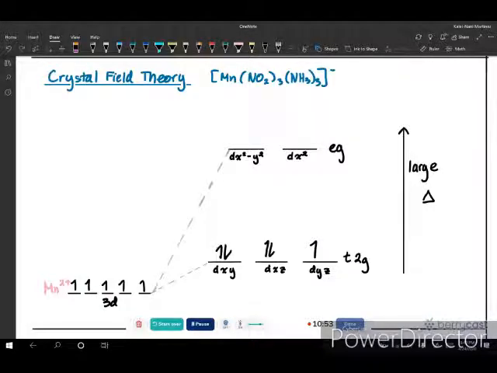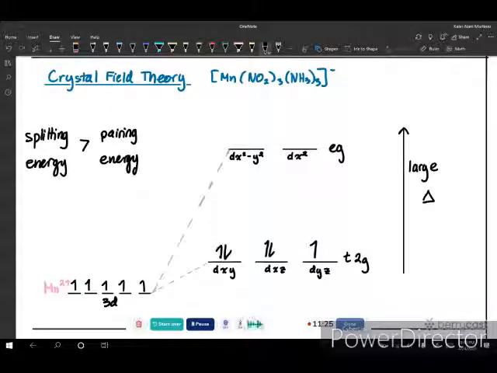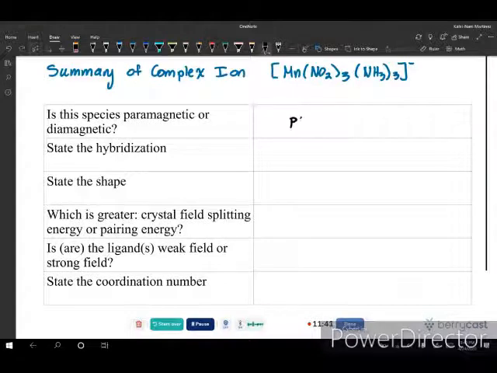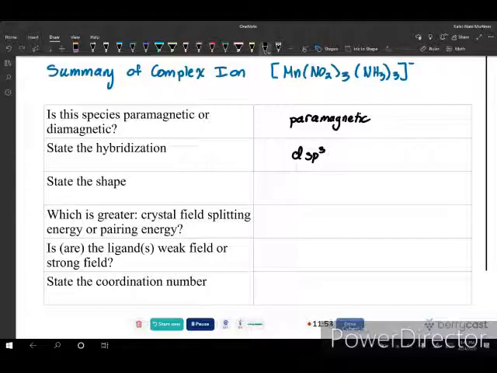You also need to note that it takes more energy to split than it does to pair up, because it is easier to pair up than it is to take the energy to move an electron up from the t2g to the eg. In summary, we know that this is paramagnetic because it has an odd number of electrons in the d orbitals. And now we know that this is d2sp3, and that is characteristic of an octahedral shape.